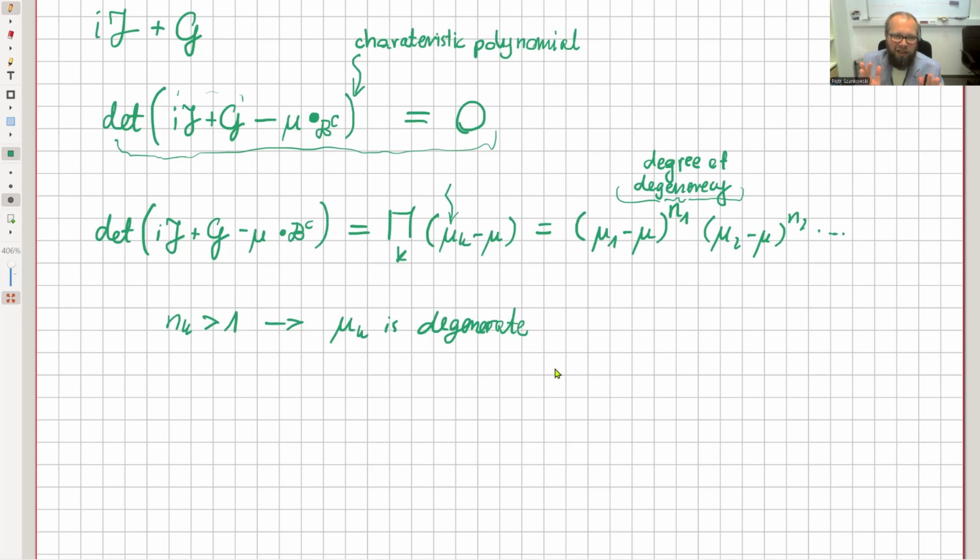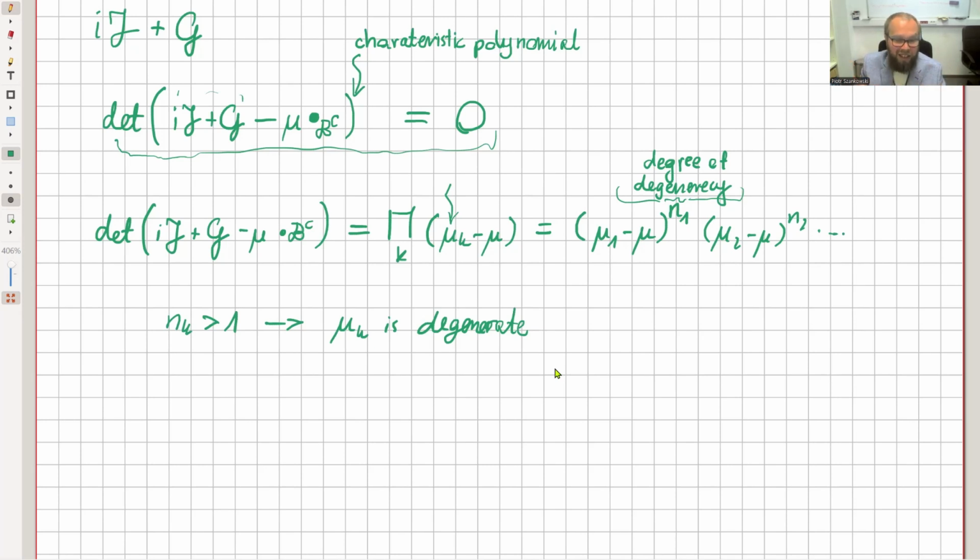Hermiticity guarantees that the numbers always match up. But in general, it doesn't have to work like that. If there is this mismatch, you don't have enough linearly independent eigenvectors to form a basis for the whole space, because you are missing some of them.